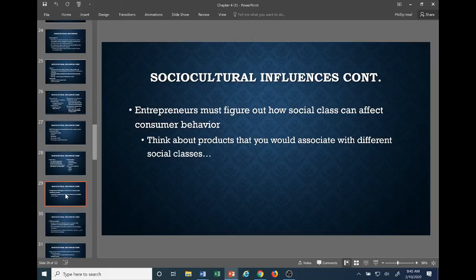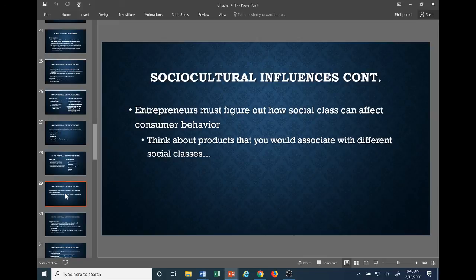People in middle class might drive your Suburbans or a nice little Mercedes or just something of that sort. Lower class, you get the point. It's going to be less expensive items in each one of the classes. So they obviously have to figure out how social class can affect consumer behavior.